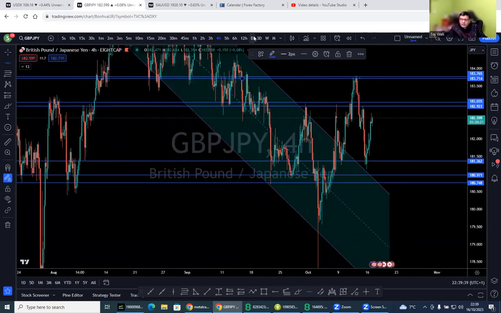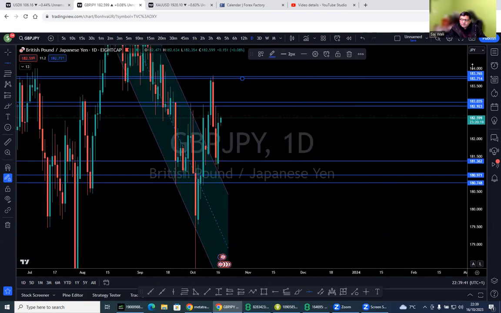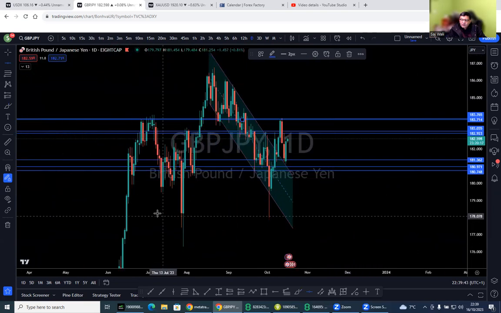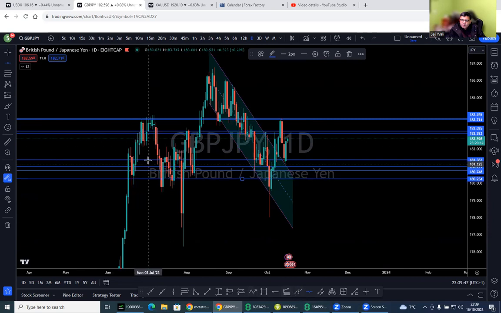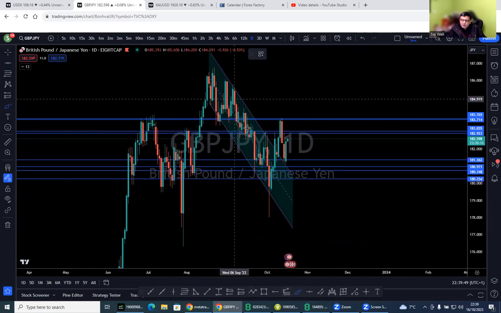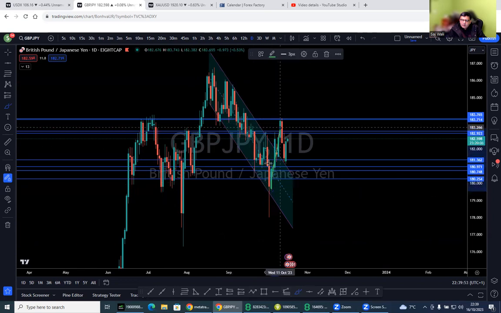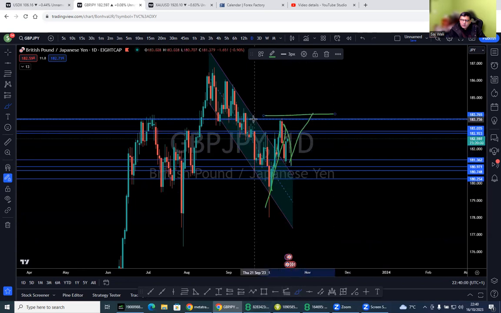Right, and also on the daily, you can see that structure-wise, the market broke this, tested it, and I'm definitely expecting it to go to the upside here and then move further to the upside.